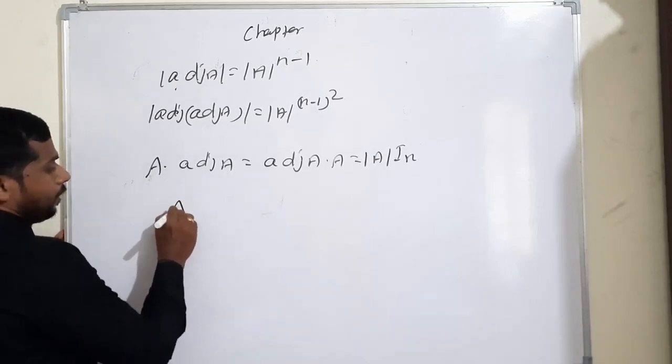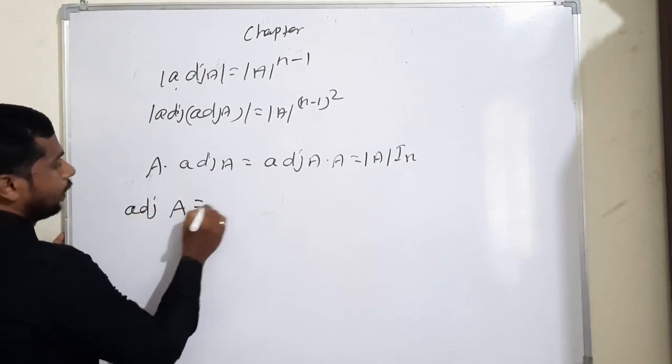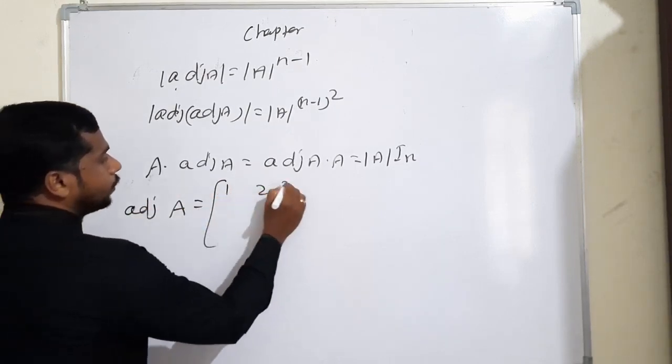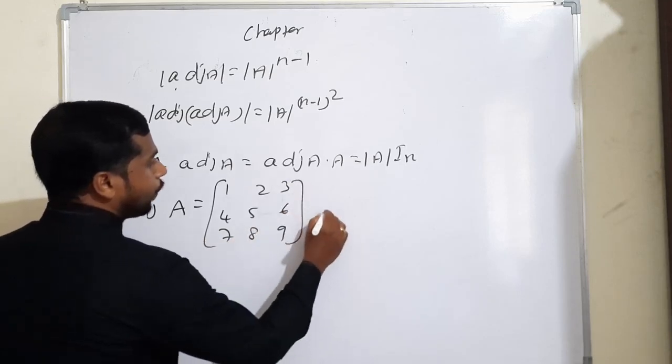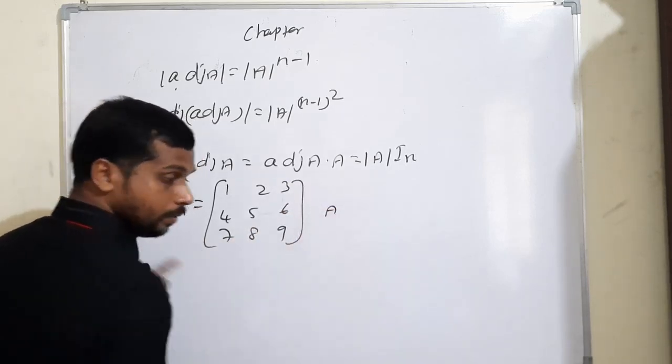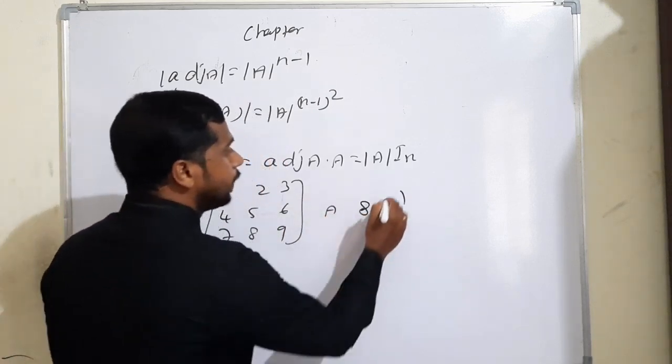Sometimes adjoint of A is given, and there are two types of questions. For example, adjoint of A is given as a 3 into 3 matrix: 1, 2, 3, 4, 5, 6, 7, 8, 9. We need to find A, so which formula do you have to apply? And if you need to find A inverse, which formula do you apply?